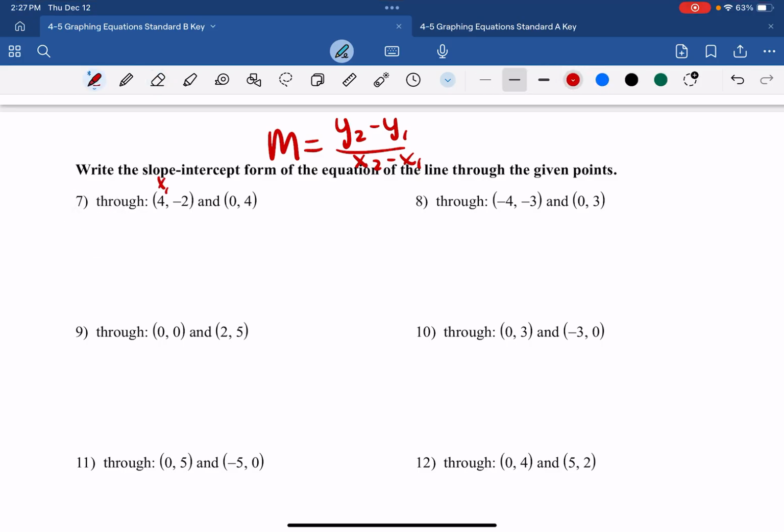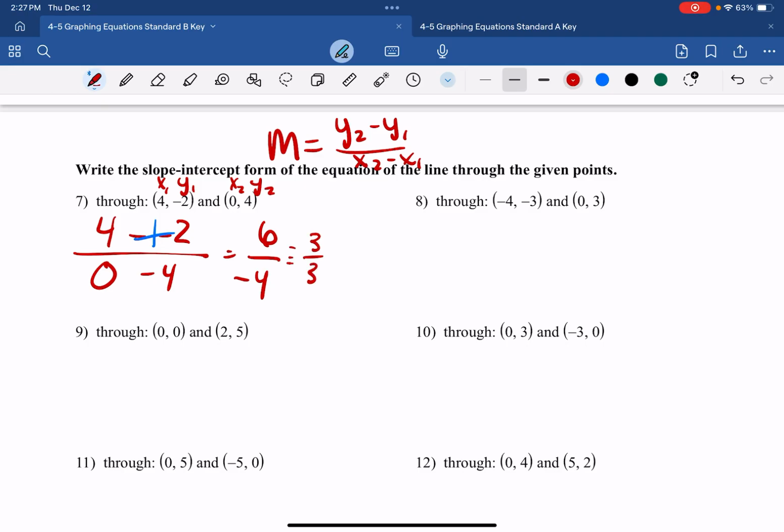Remember, this is x1, y1, x2, y2. So 4 minus a -2 over 0 minus 4. Well, 2 negatives makes a positive, so now we've got 6 over -4, which you can reduce to -3 over 2.